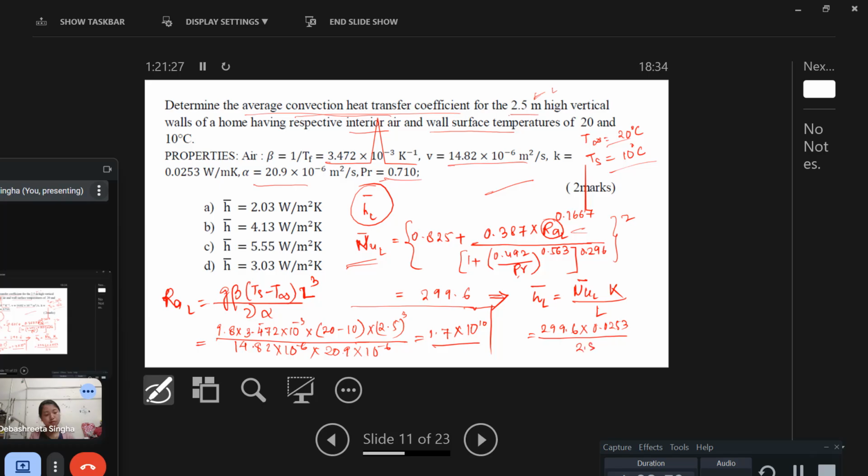Then length is 2.5. This comes out to be around 3.03 watt per meter square Kelvin. So D is the right answer here.